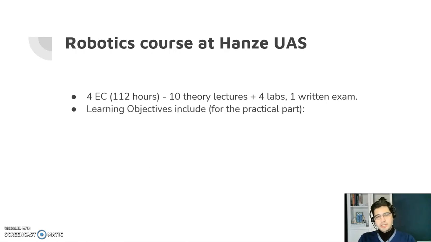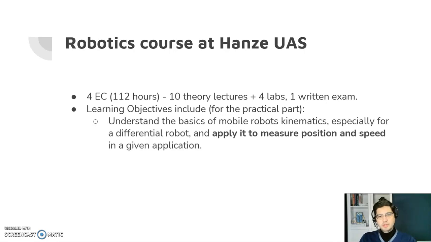The learning objectives of the course specifically for the practical part include understanding the basics of mobile robot kinematics, so the modeling of the robot, especially for a differential robot, so hence we used Cosmo, and apply it to measure position and speed in a given application.